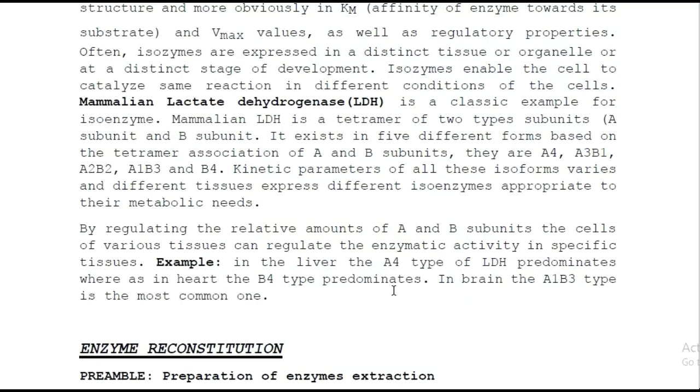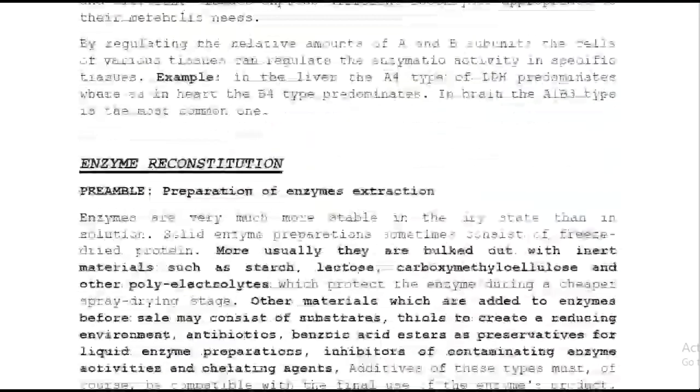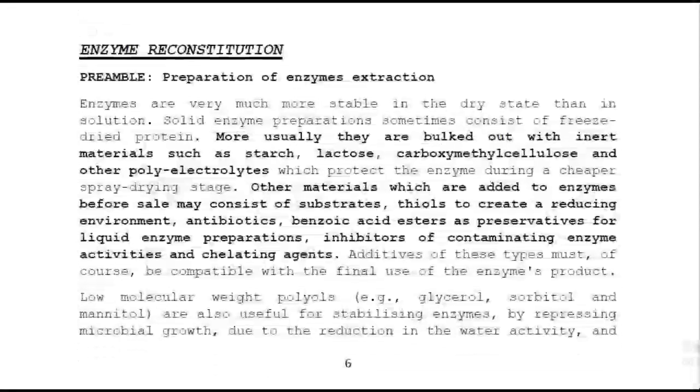So the regulation of lactate dehydrogenase in the body is localized. It depends on the location; it cannot be generally regulated. So these are the ways that the body uses to regulate enzymes.